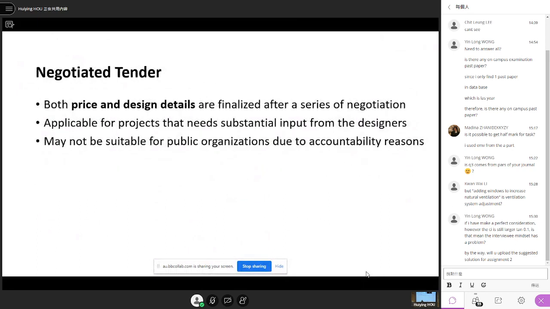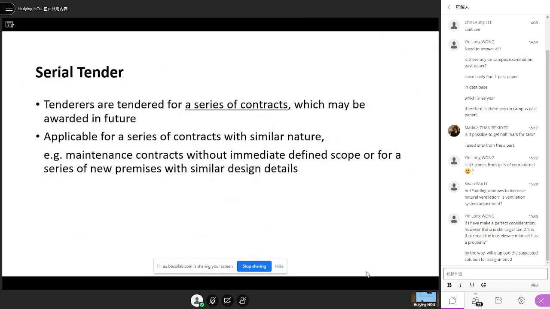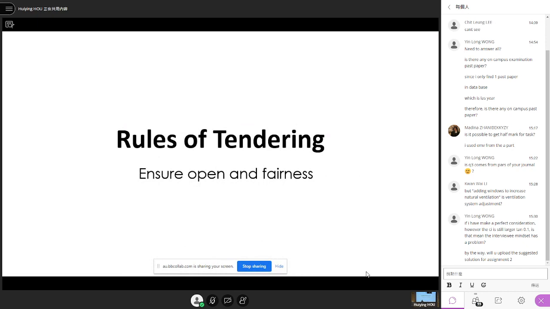And also negotiated tender and serial tender. Rules of tendering. In the exam, there might be questions which are very straightforward, and questions which require you to elaborate based on your understanding of the slides, right?